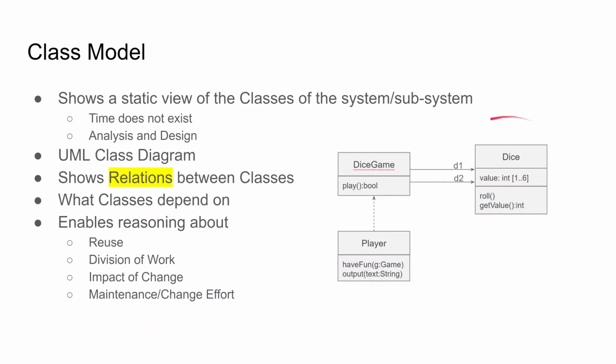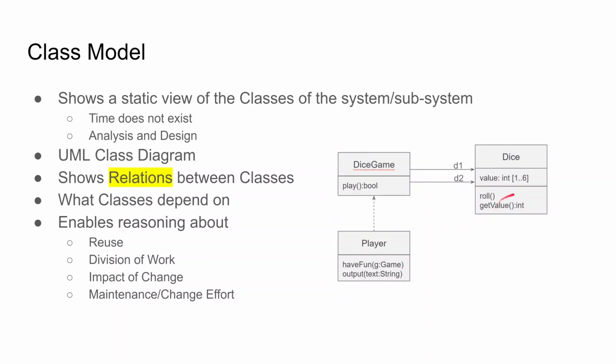So this one we can just take as it is, while this one we also need to take the dice. We can easily see that we could have three programmers here. One programmer implements the dice, another one implements the dice game, and the third one implements the player class.